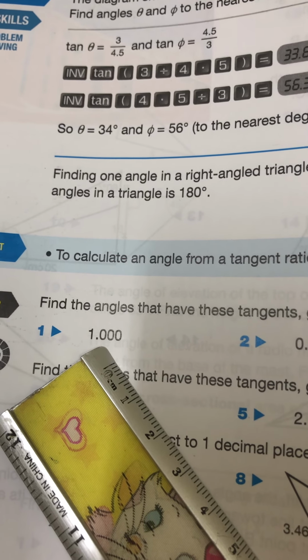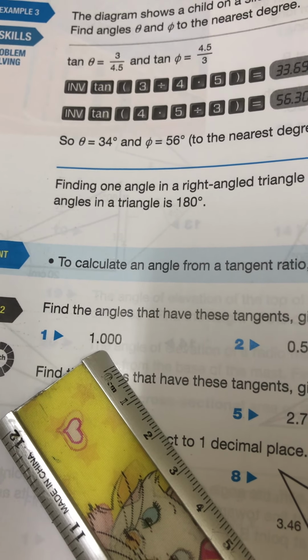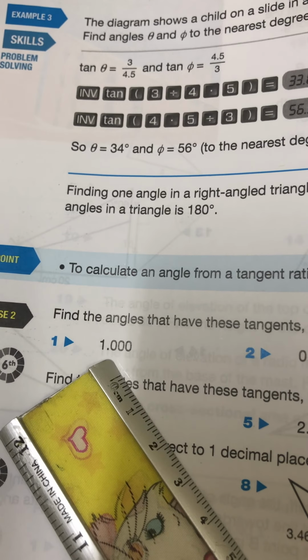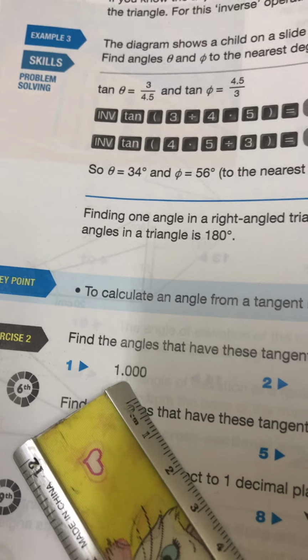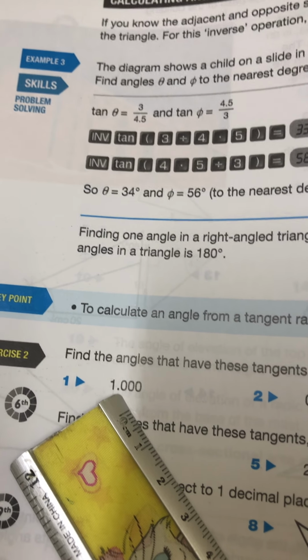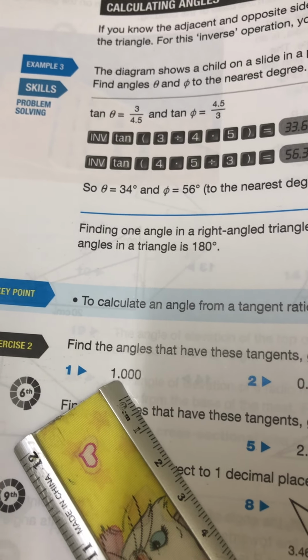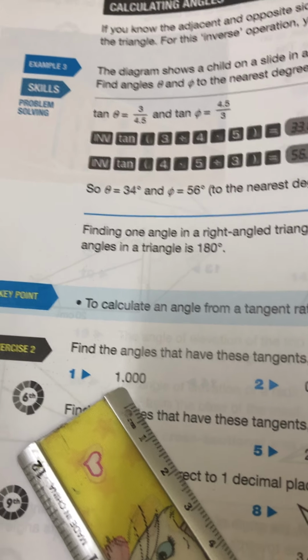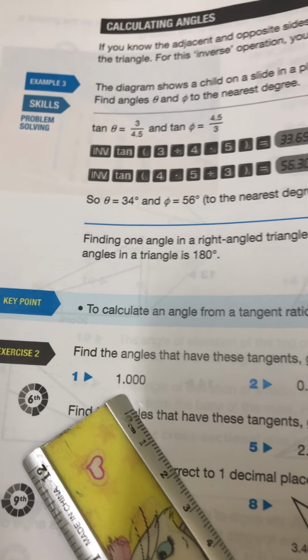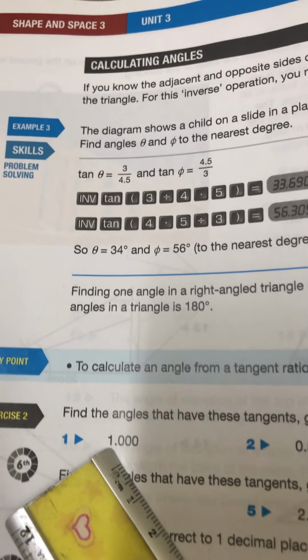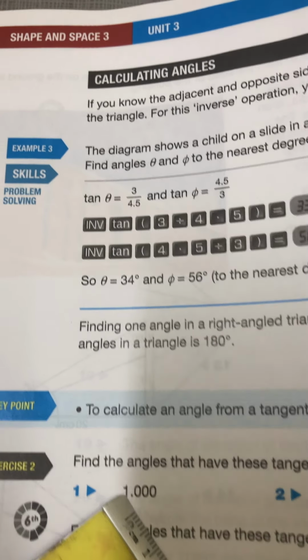So the ratio here is 1 over 1. Which angle measure gives me tan 1? The tangent ratio equal 1, that's to say 1 over 1. How can I calculate the angle?